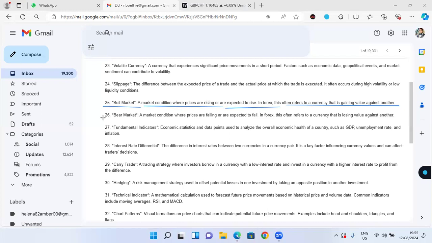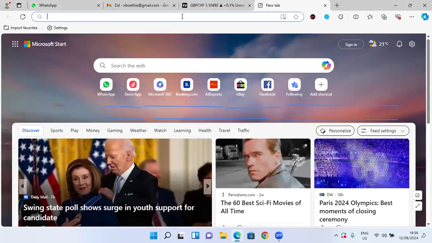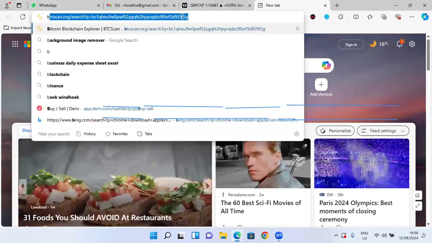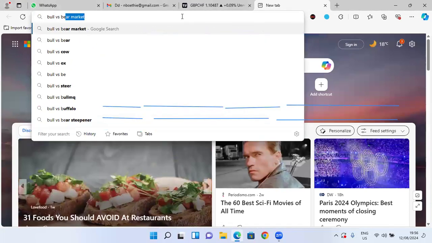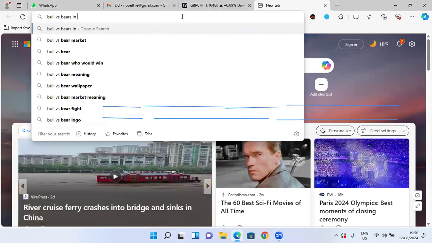Then we have a bear market. A market condition where prices are falling or expected to fall. In Forex, it often refers to a currency that is losing against the other. It's actually derived from these animals. You can check bulls versus bears in Forex.